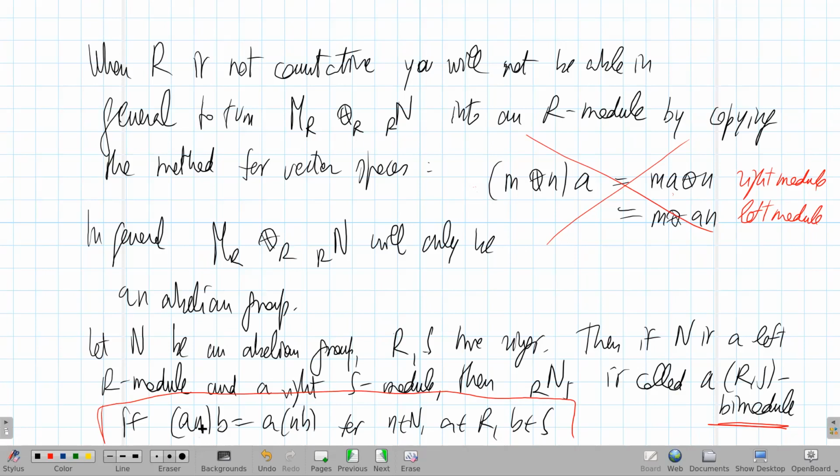If you have N, you can first multiply by A on the left and then by B on the right, or first by B on the right and then A on the left, and you get the same thing.